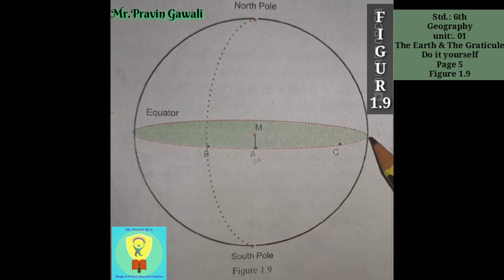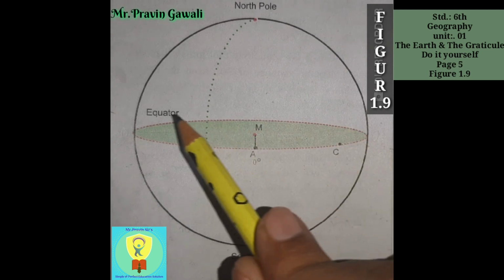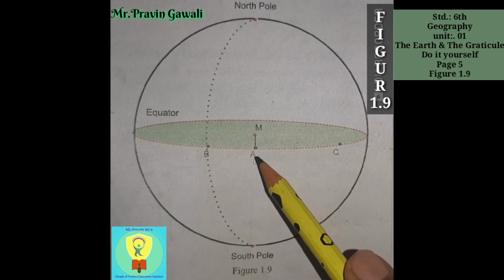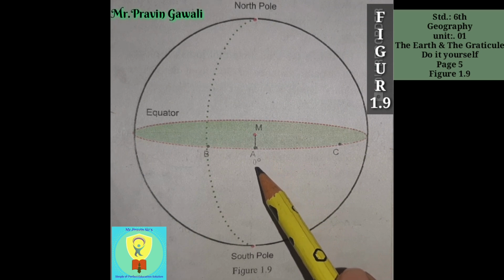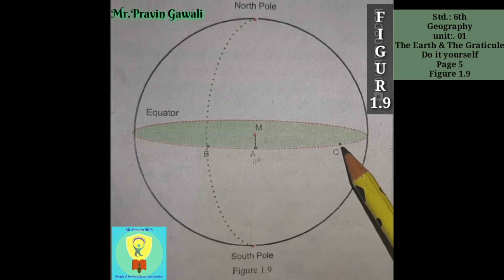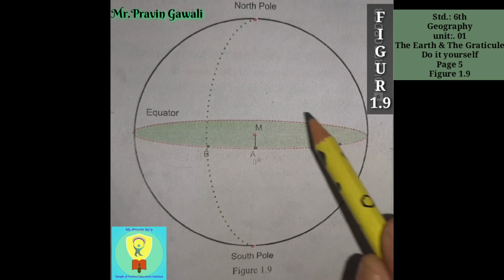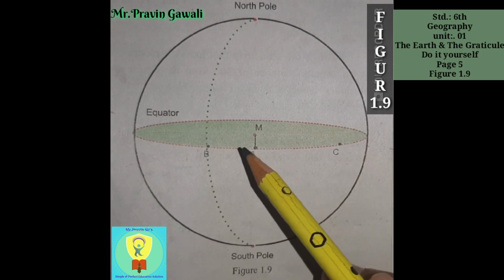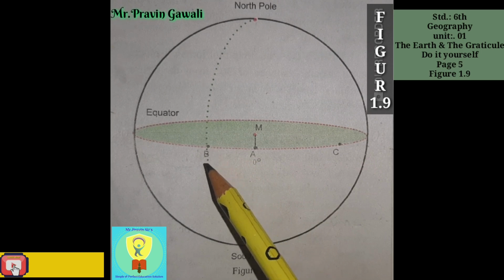Some points are given on the equatorial plane, the largest circle on the globe or the sphere. Point A is given, it has 0 degree value. Point C is given on the equatorial plane, and B is given.